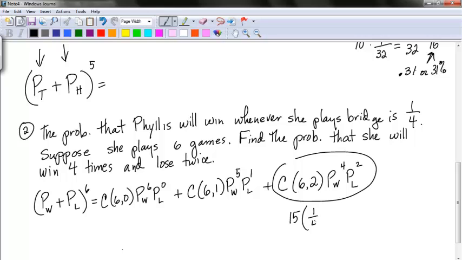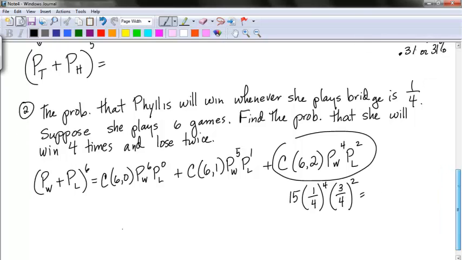Probability she wins. Phyllis is not a very good bridge player. 1 out of 4 to the 4th power. Probability she loses. 3 out of 4 to the 2nd power. Okay, and remember when you simplify that, this is like 15 over 1 times 1 over 4 to the 4th, which is 256. 3 squared would be 9. 4 squared would be 16.